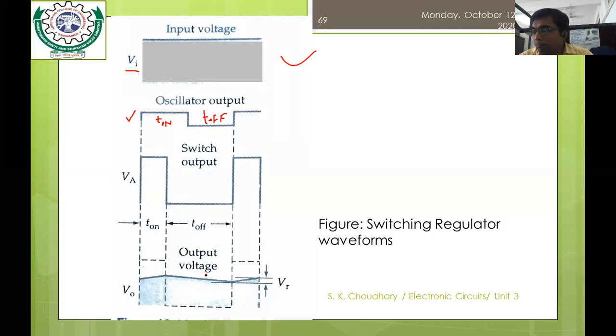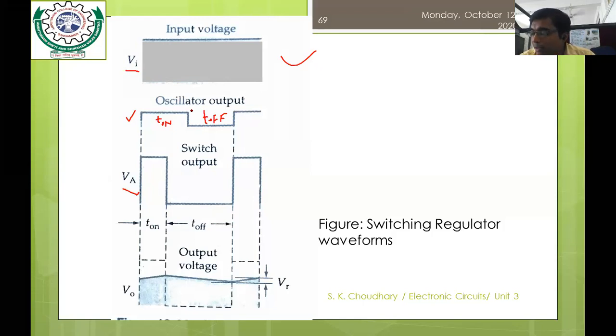So you can see here, if you refer to this particular waveform, this input voltage DC Vi would be converted into Va by the action of the oscillator output, and this output voltage of the switch Va would be further given to the filter of this circuitry.